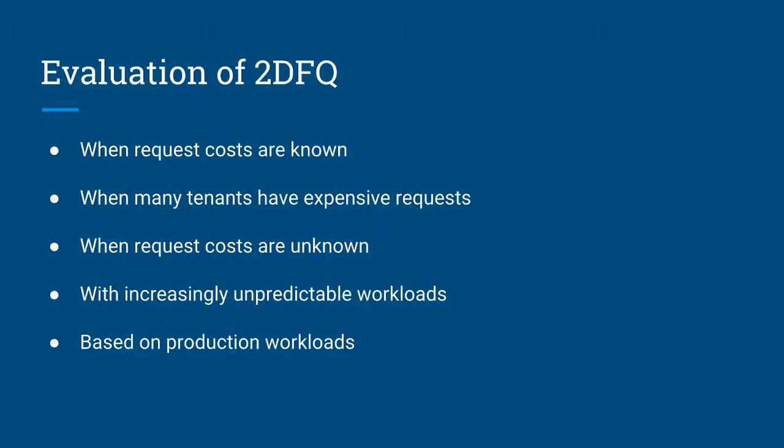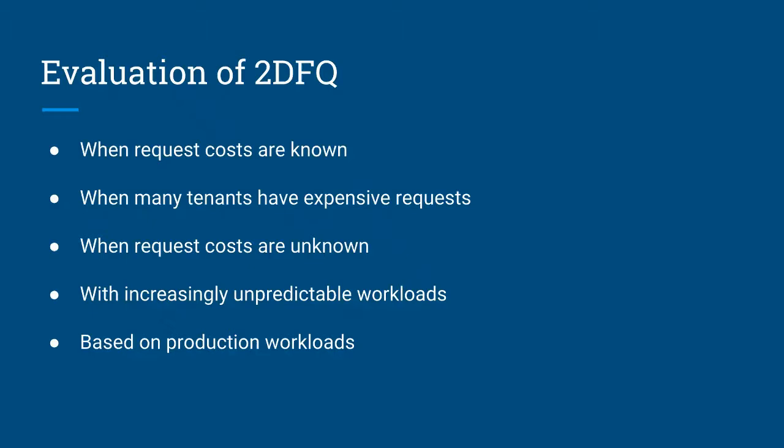So that's about it. And the next slide is a kind of summary of the evaluation of 2DFQ. When the costs are known, for both synthetic and real world workloads, 2DFQ provides service to small and medium tenants that is one or two orders of magnitude better.